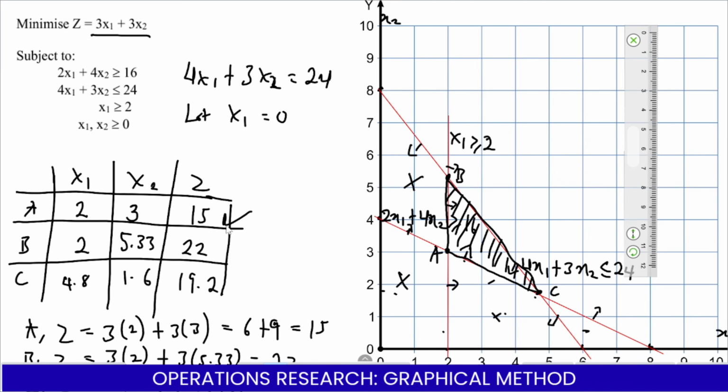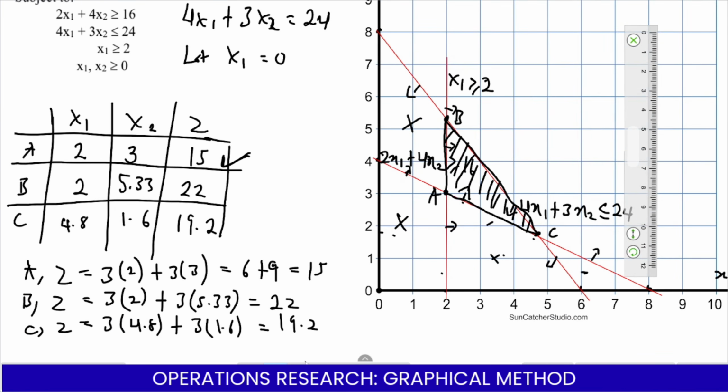We can conclude that therefore our optimal solution is x1 equal to 2 and x2 equal to 3 at point A, and the minimum value is 15.